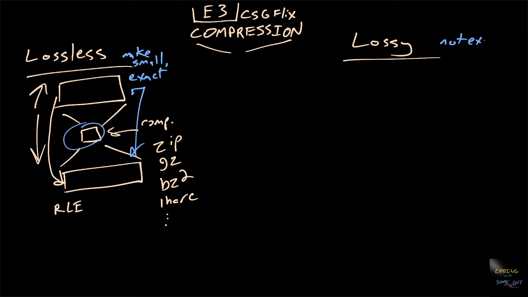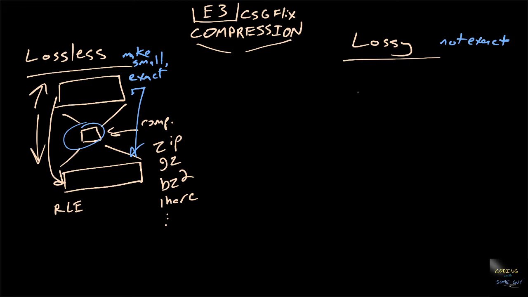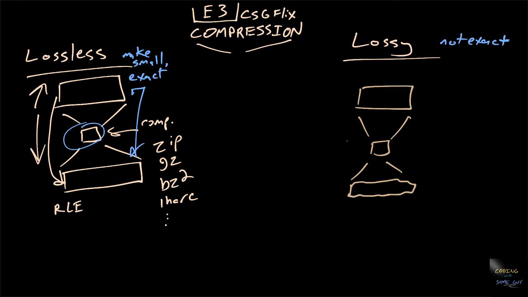So this is kind of an interesting field, which is sort of more about what can we throw away when we actually go and compress this thing. So I'll pick a different brown, but we take our file and we make it really small, and when we expand it again, we get something similar to the original.